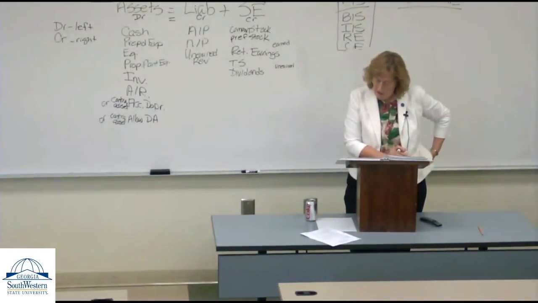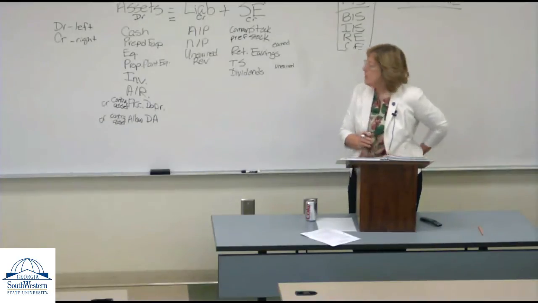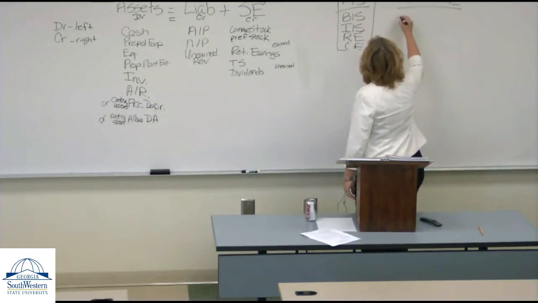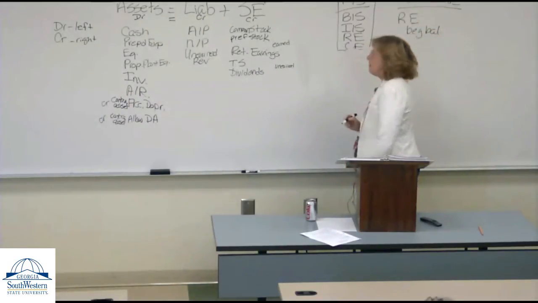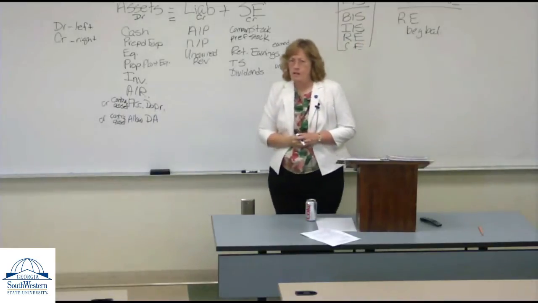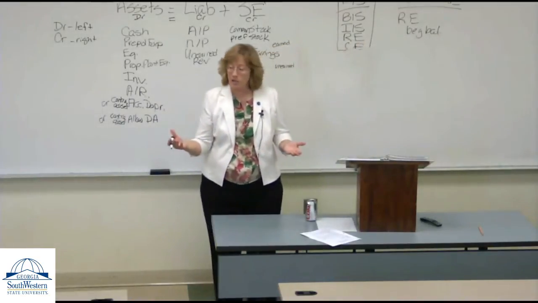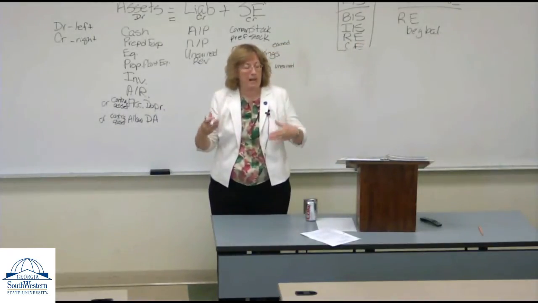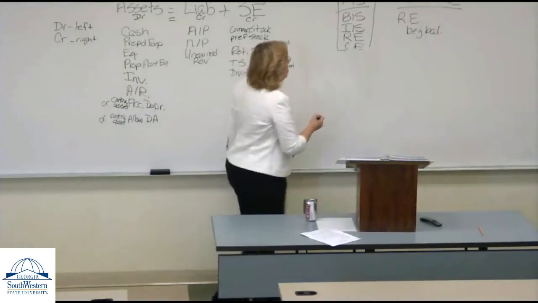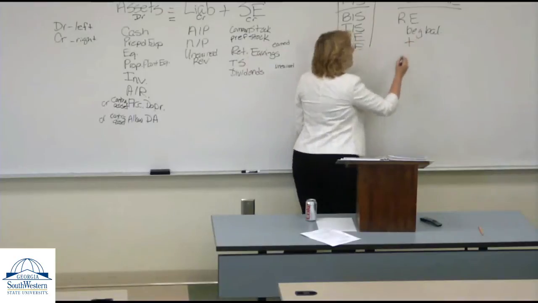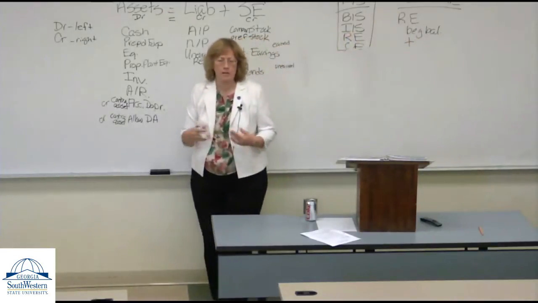Basically, retained earnings is equal to the beginning balance, the balance at the beginning of the year. And what is retained earnings anyway, before we go into all of this?